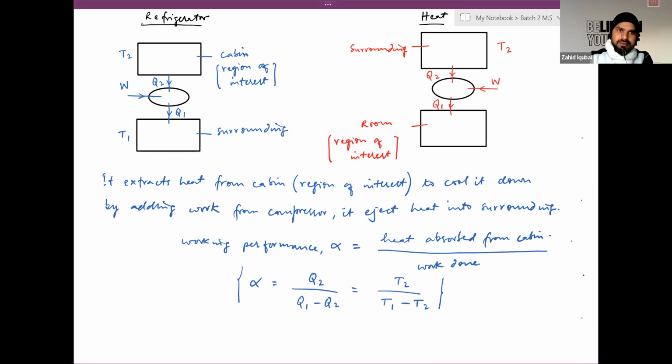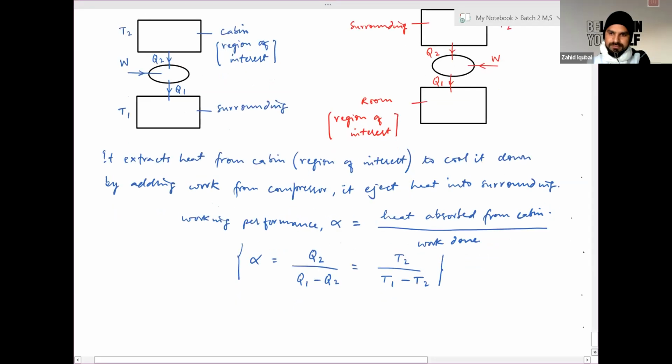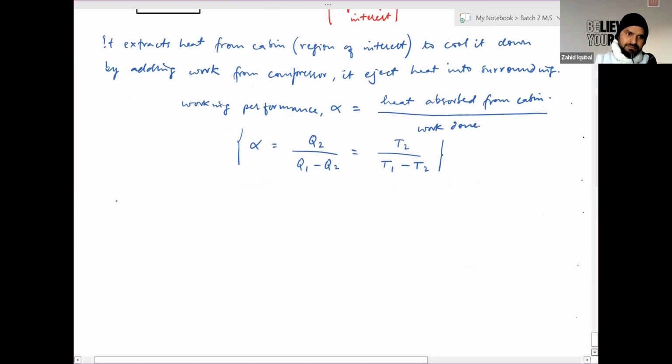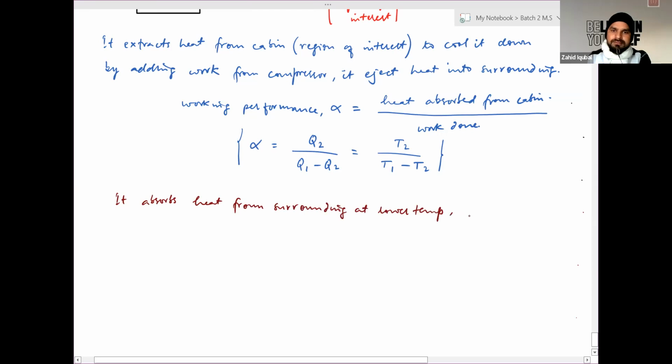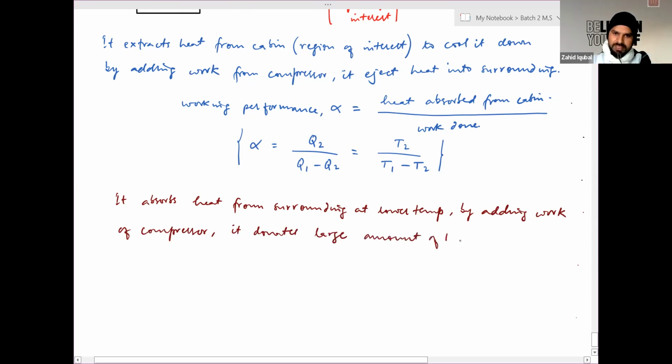Similarly, we may define for heat pump, it absorbs heat from the surrounding at lower temperature by adding work of the compressor, and it donates a large amount of heat into the room to warm it.